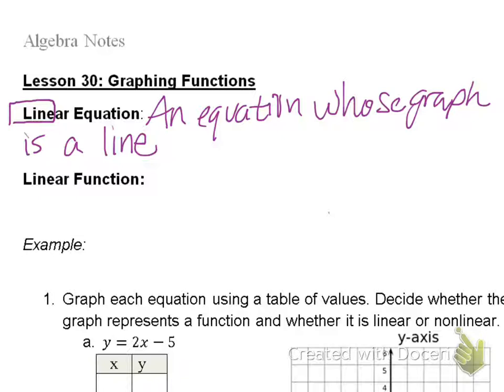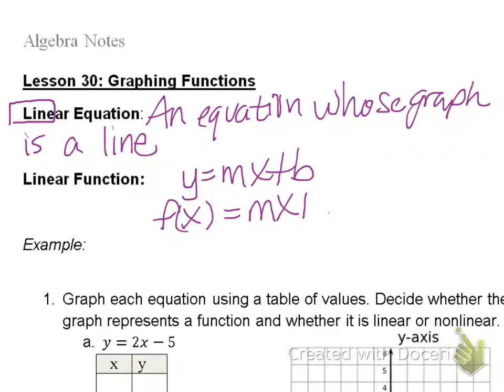So an example of both would be y equals mx plus b, or if we were to put it in function form, f of x equals mx plus b. You should recognize this equation, which is slope-intercept form, where m represents slope and b represents the y-intercept.